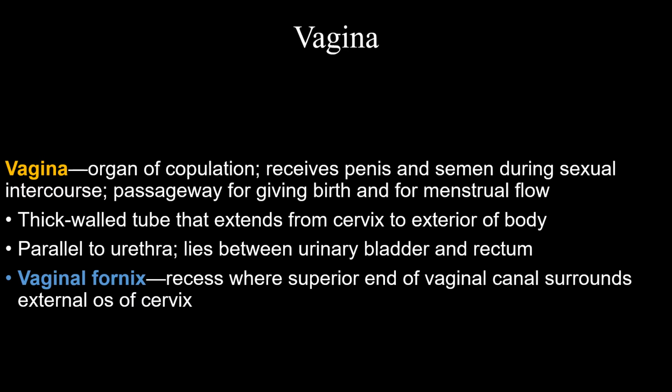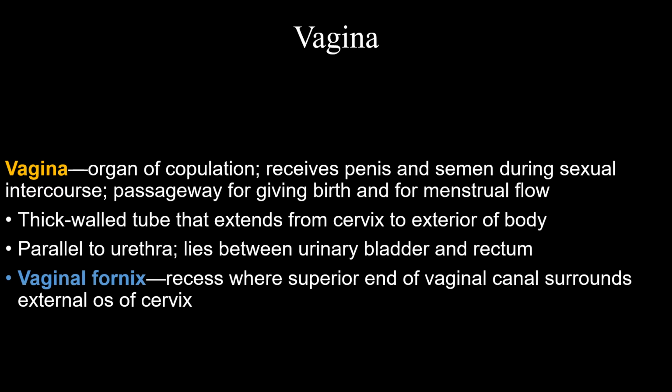Now, the vagina itself is the female organ of copulation because it receives the penis and semen during sexual intercourse. Now, it also provides a passageway for the delivery of a fetus and for menstrual flow. The vagina is going to be a thick-walled tube, approximately 8 to 10 centimeters long, that extends from the cervix to the exterior of the body.